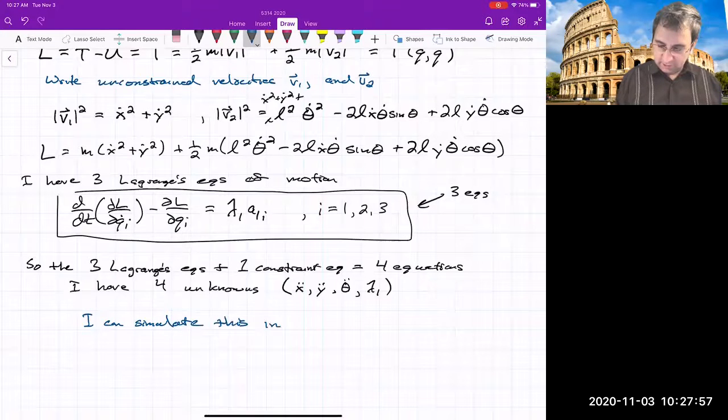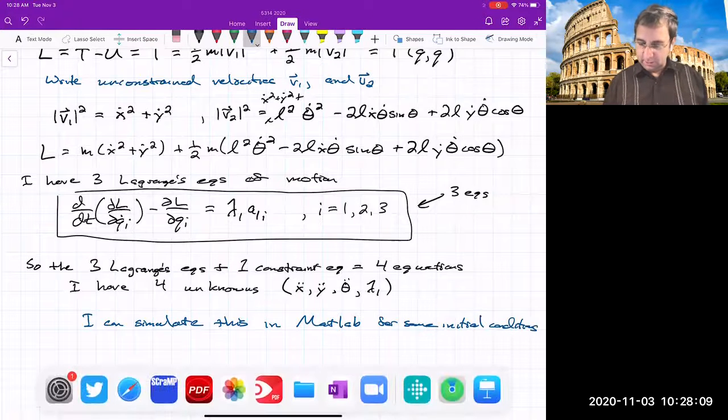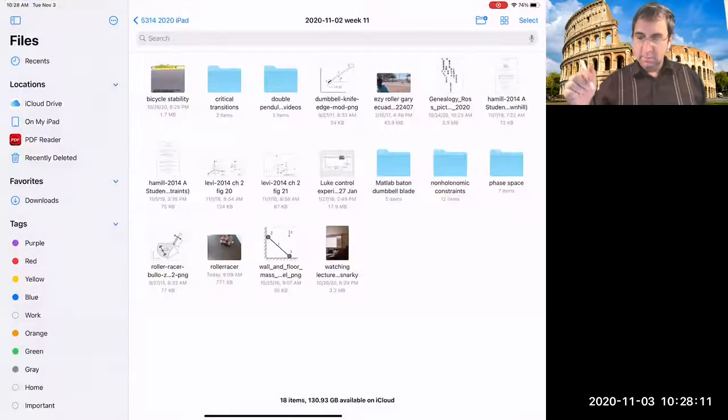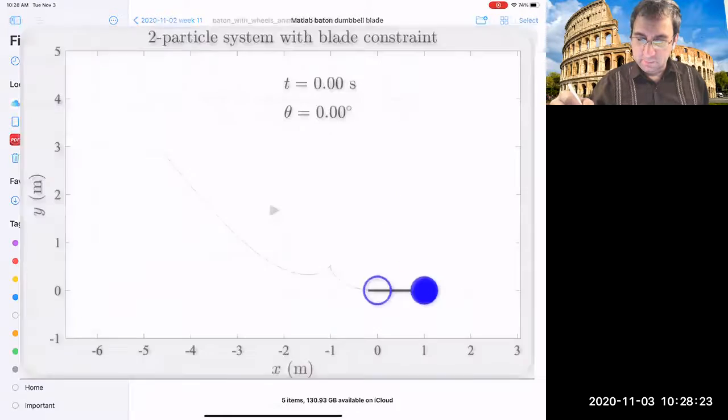So I can simulate this in MATLAB for some initial conditions. And where is it? Here it is. Yeah, that's some code for it.